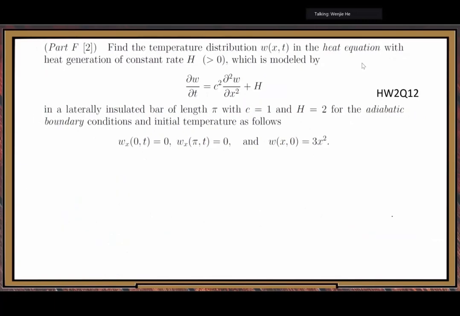All right. But now you can see when this capital H term is added, it becomes harder. If you use Laplace transform, your formula could be very complicated. All right.